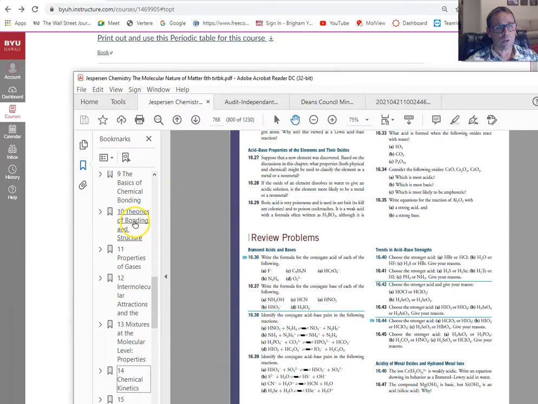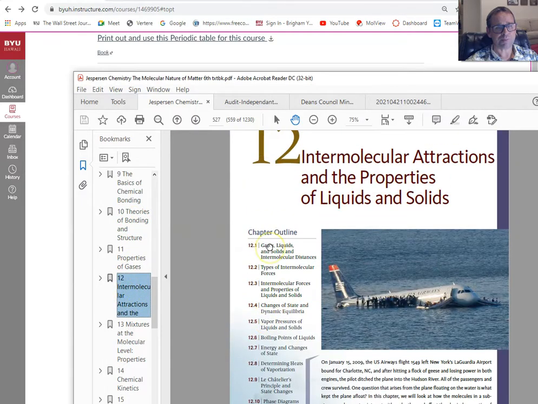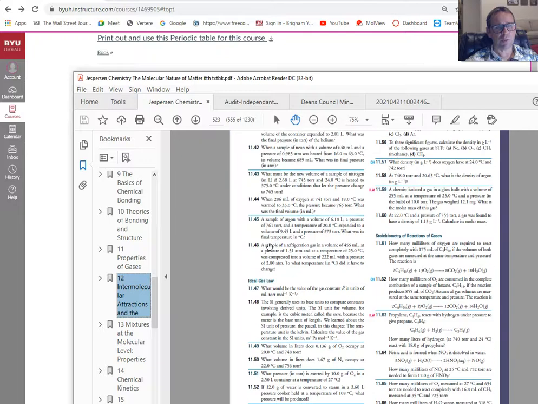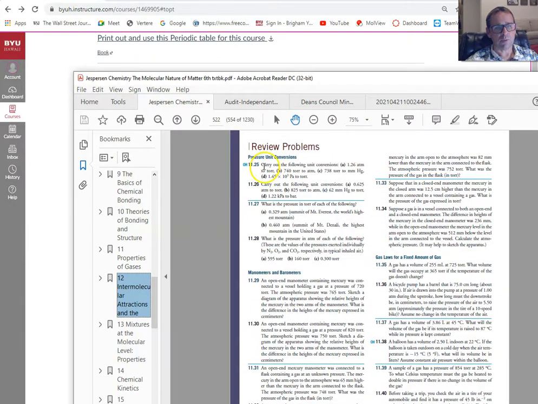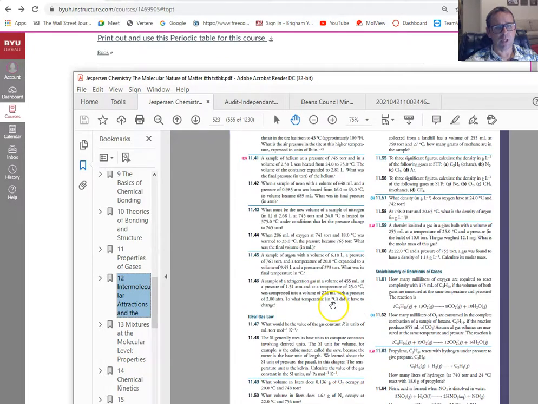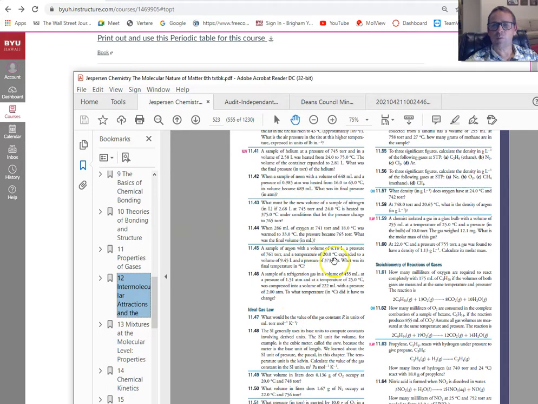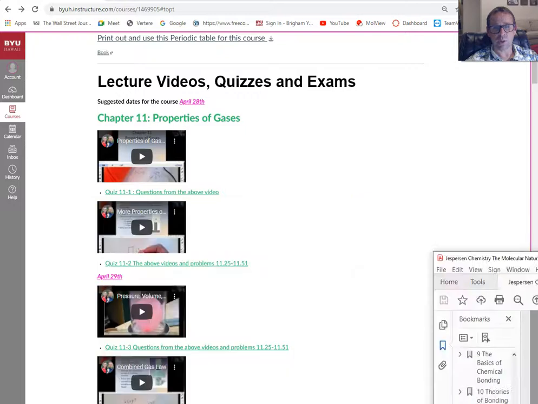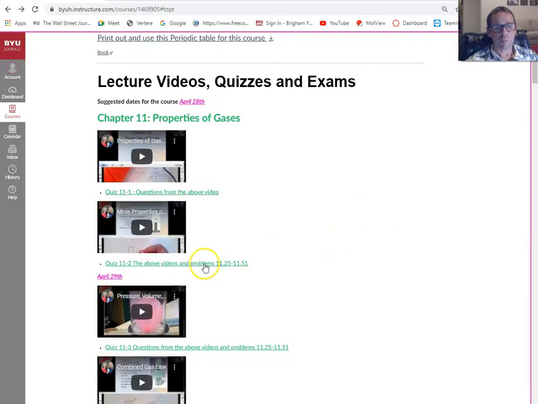Okay, so I'm going to go up here to chapter 11. 1125 to 1151. Here they are, 25 all the way down to 51. So I can become familiar with these by practicing them and doing them. And then, after I'm familiar with those problems and I understand how to solve them, I'll be more prepared for this quiz here. All right.